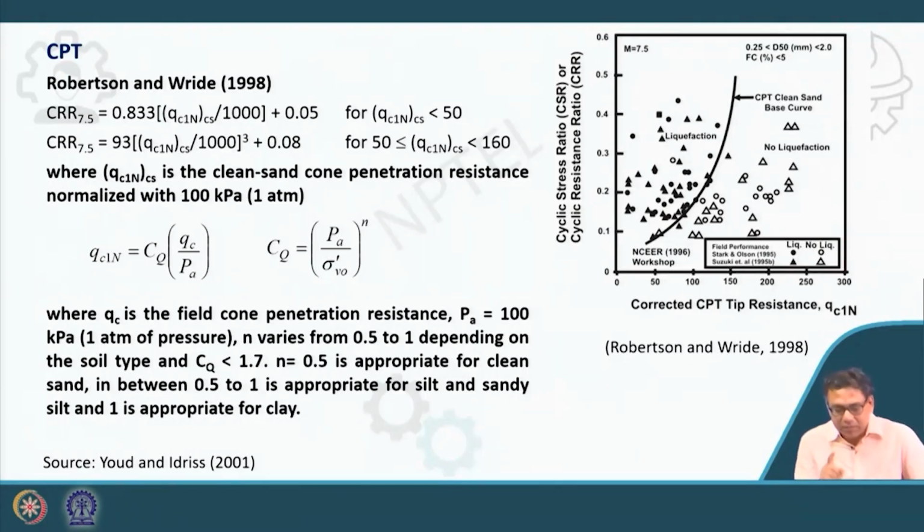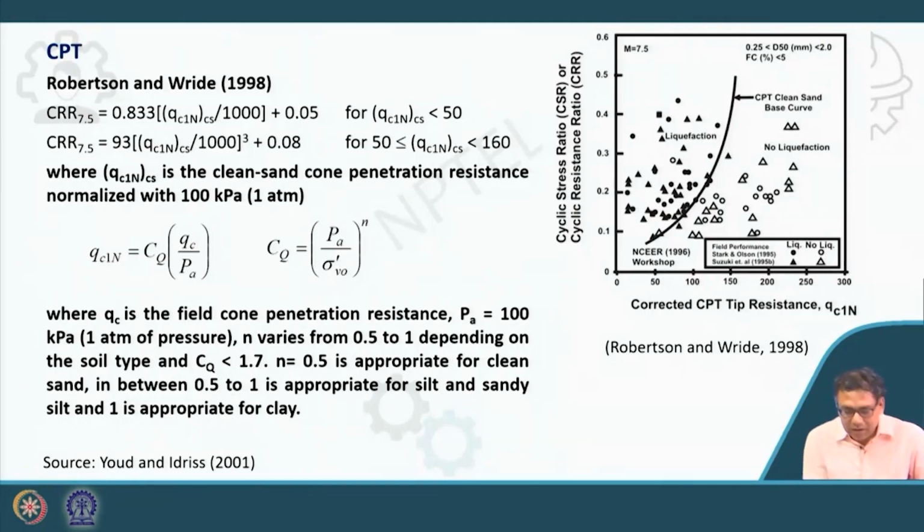Here, 1 means the 1 atmospheric pressure, that is 1 ton per feet square or 100 kPa, and N means it has been normalized. That is why it is called qc1N. So, qc is the raw data, your tip resistance or cone resistance, and 1N means it is normalized by 1 atmospheric pressure, or 1 ton per feet square, or 100 kPa.